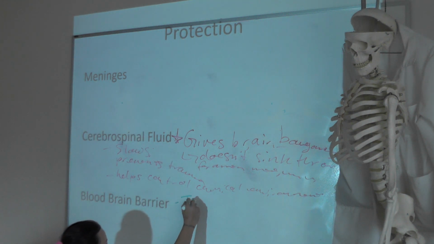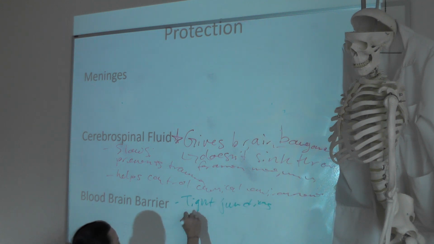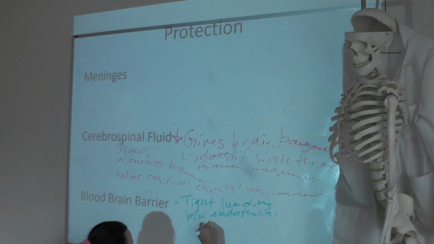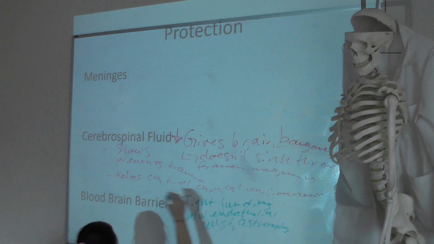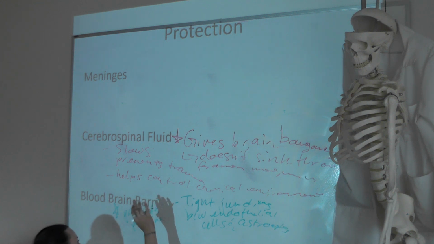So because we have tight junctions between our endothelial cells and our astrocytes, what it's going to do is prevent the passive passage of materials into the brain.